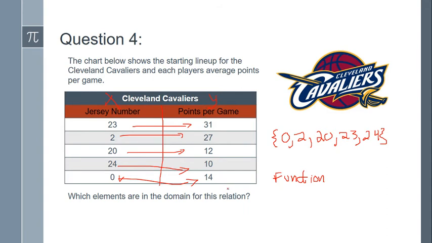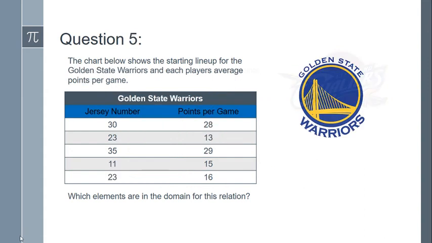When you're looking at either a set of ordered pairs or a table like this, all you have to do is look at the X values and make sure they're all different. If they're all different, then it's going to be a function because each X will be paired with exactly, in this case, one Y. Now it's okay if we have repeats going on out here in the Y, just not in the X.